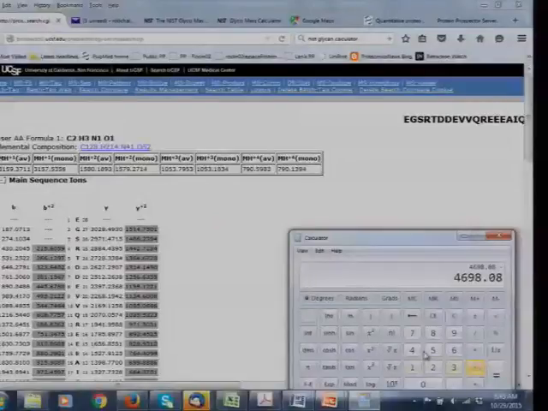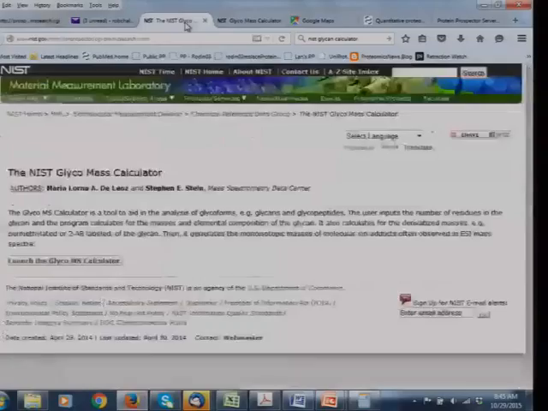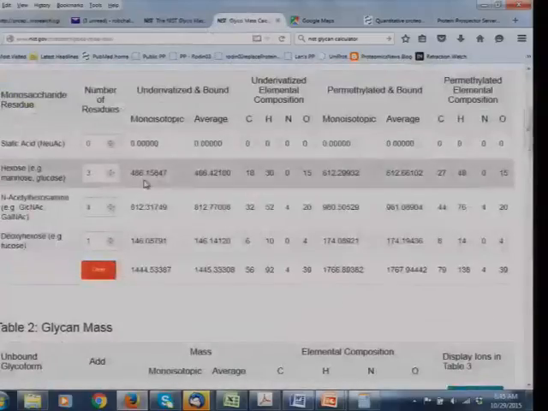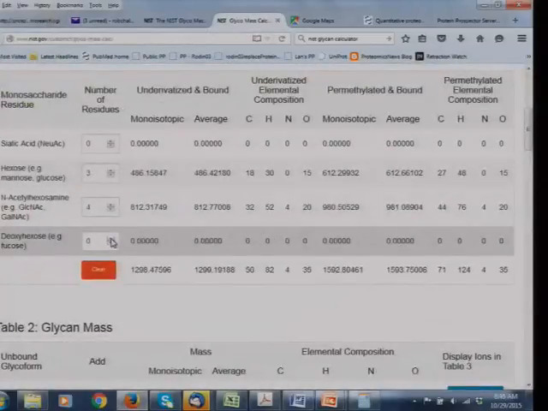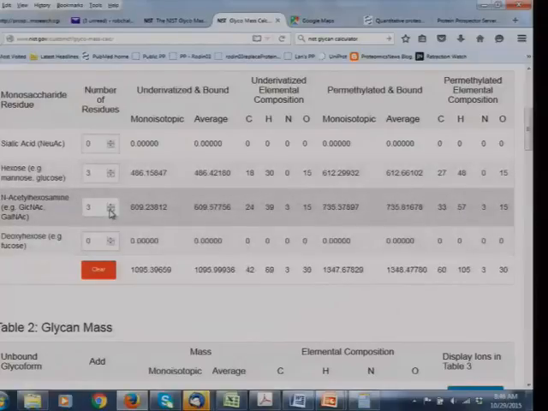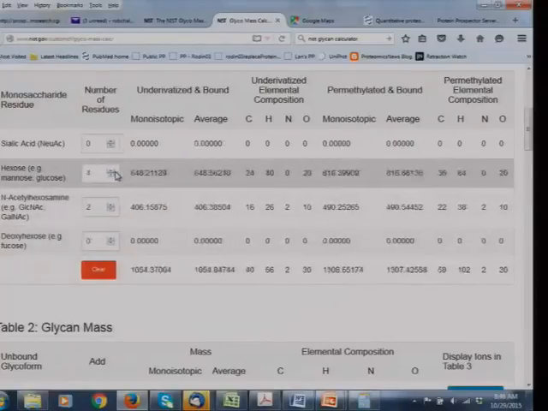If I take away 3157.53, so the mass of the glycan on this one should be 1540.5. 1540.5. Makes all the difference when I put the decimal places.